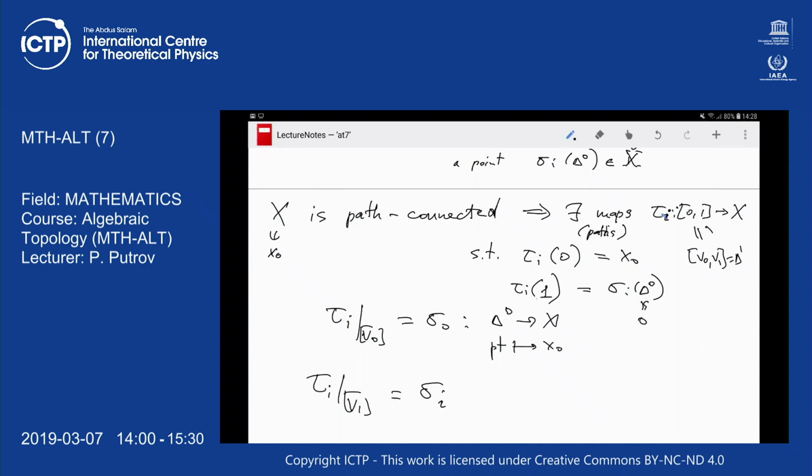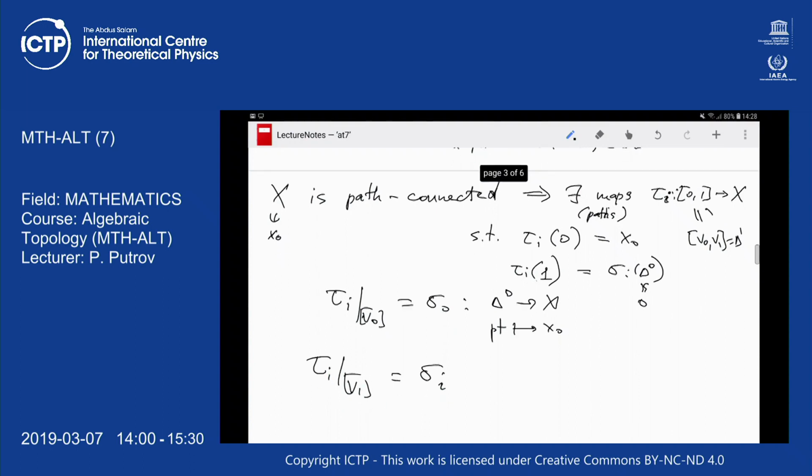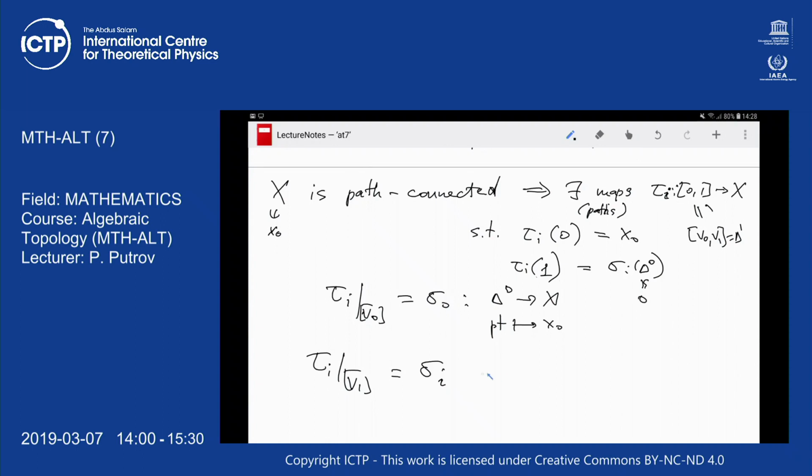So if you want to consider this path as a singular one-simplex, because the interval is a one-simplex, this means that the restriction of this map to the start of the interval is sigma 0, and to the end it's sigma i. In particular, it follows from the definition of the boundary that D1 of Ti is sigma i minus sigma 0.